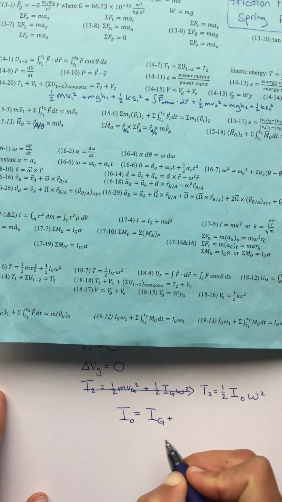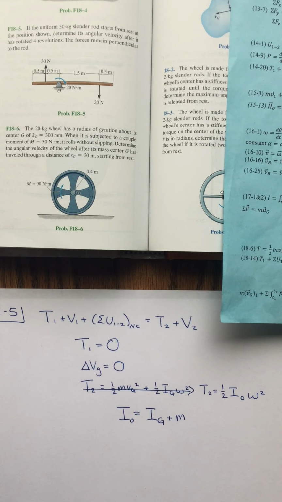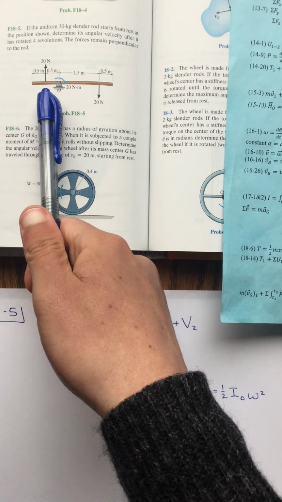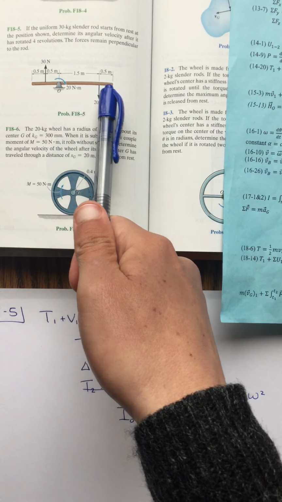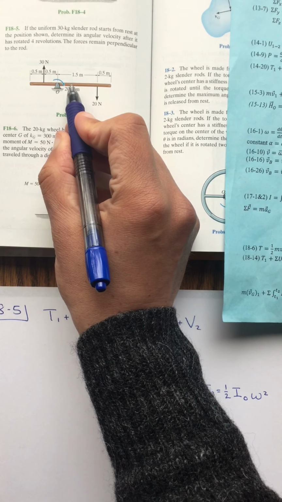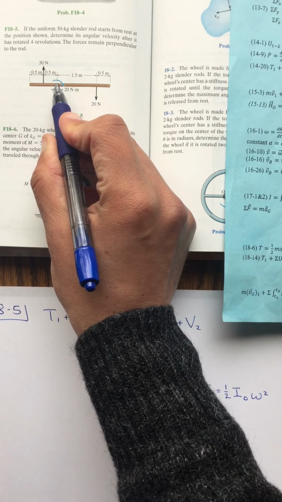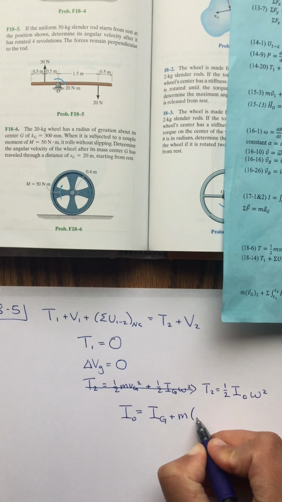So if my new point is point O, this is mass times the distance squared between those 2 points. If you look at our rod, we have 0.5 here, 0.5 here, 1.5 here, and 0.5 here. So the total length of the rod is 3 meters. The mass center is right in the middle, so that would be 1.5 meters from either end, which means that the distance between the mass center and point O is 0.5.